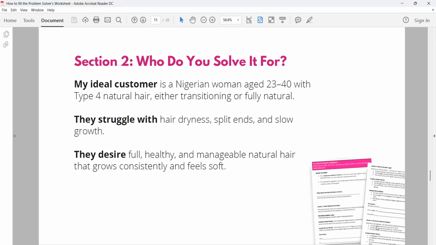Nigerian women between age 23 and 40 with type 4 natural hair, either transitioning or fully natural. They struggle with hair dryness, split ends, and slow growth. Her customers desire full, healthy, and manageable natural hair that grows consistently and feels soft.